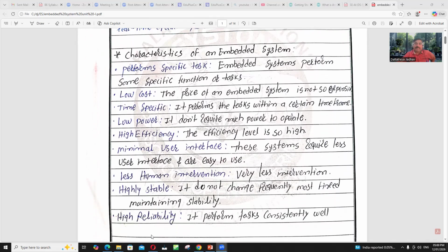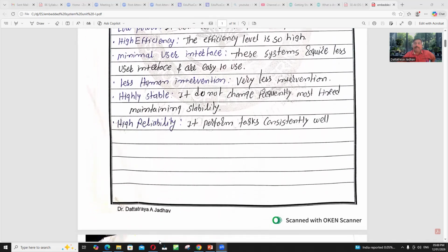They are: performance on a specific task, low cost, time specification, low power, high efficiency, minimum user interface, less human intervention, high stability, and high reliability.